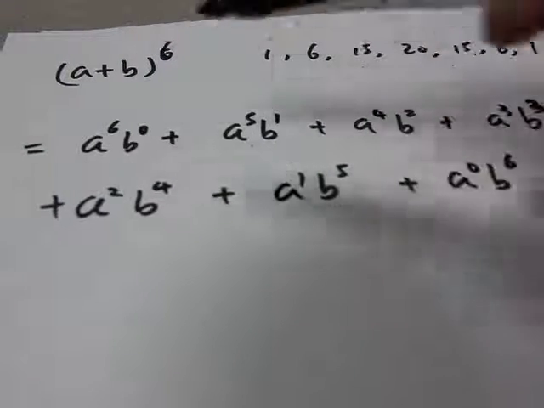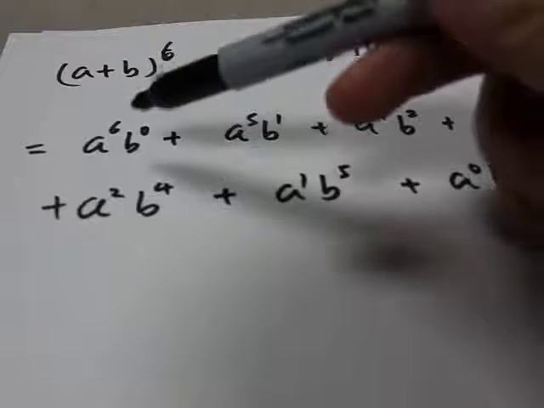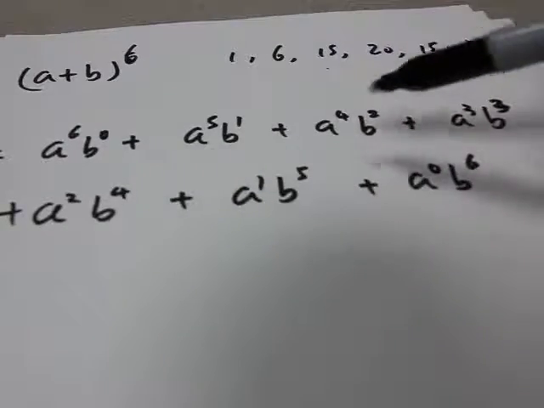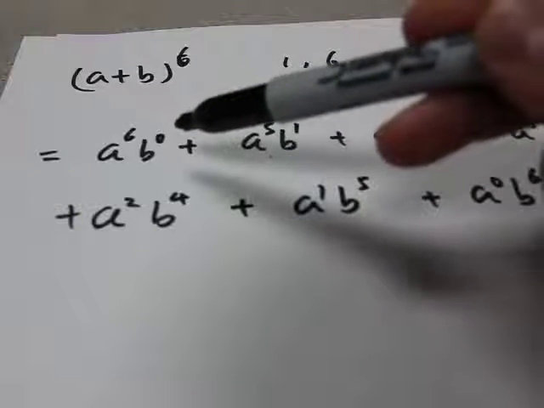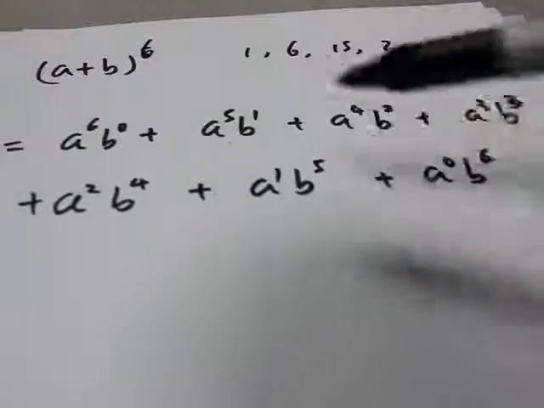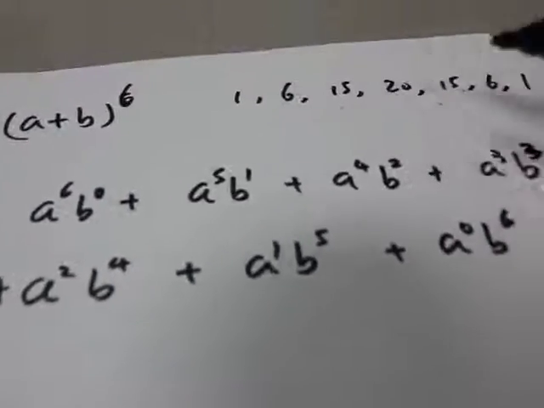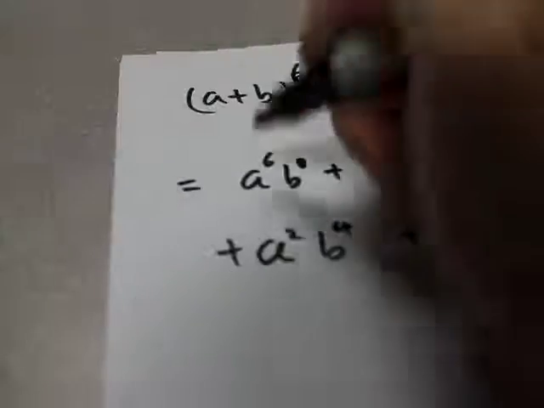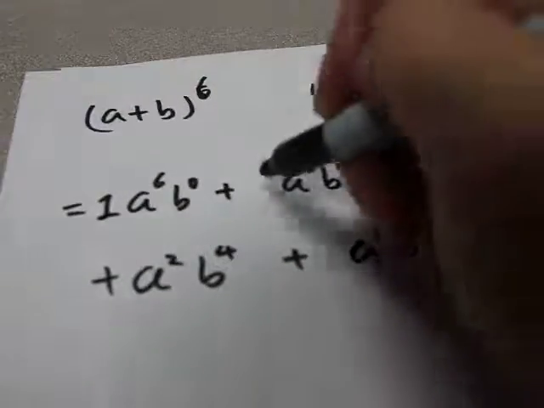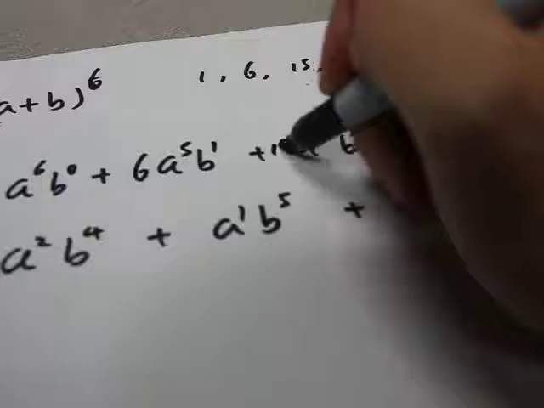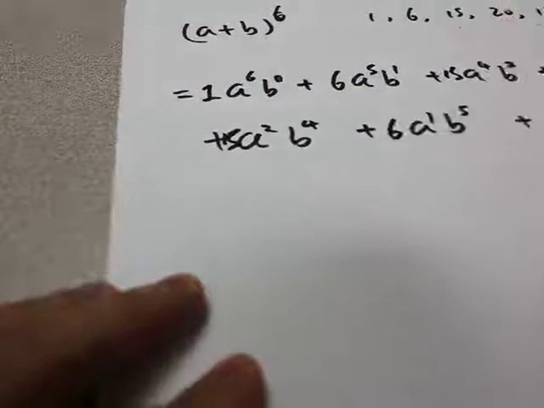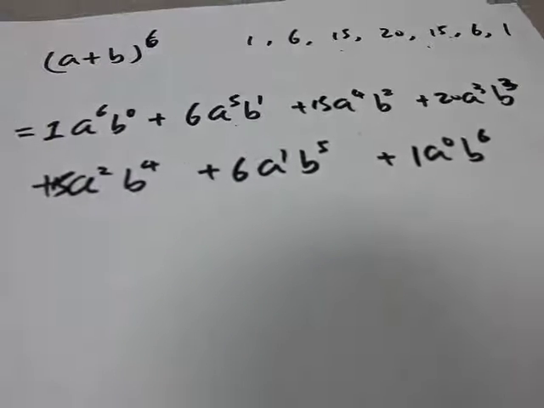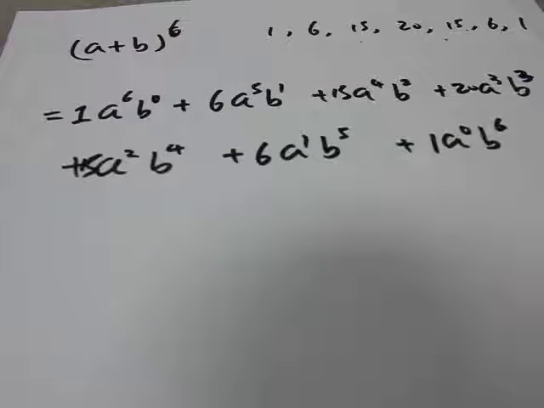Remember, the order of the exponent of a is 6, 5, 4, 3, 2, 1, 0, and the order of the exponent of b is 0, 1, 2, 3, 4, 5, 6. Okay, and then we add the coefficients. So this is 1, this is 6, this is 15, this is 20, this is 15, this is 6, this is 1. And then we are done. Now, do you get this method?